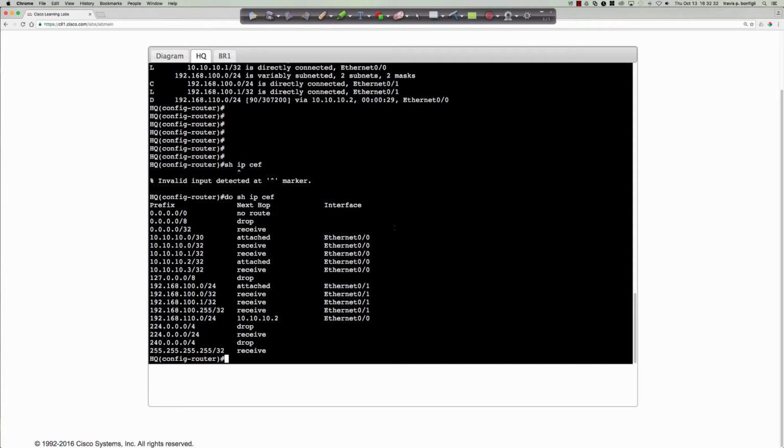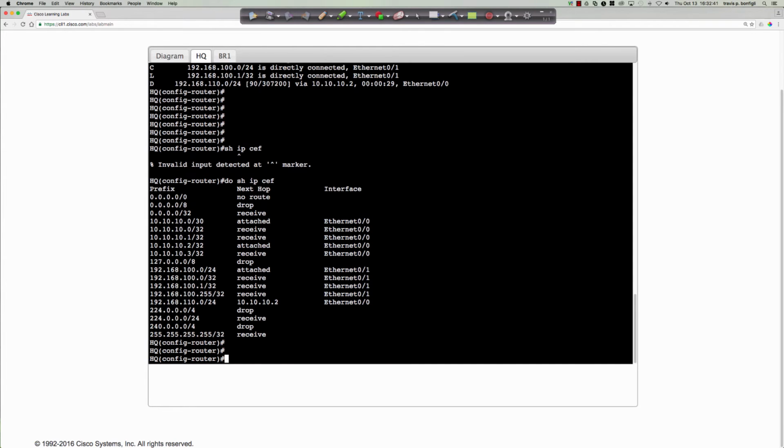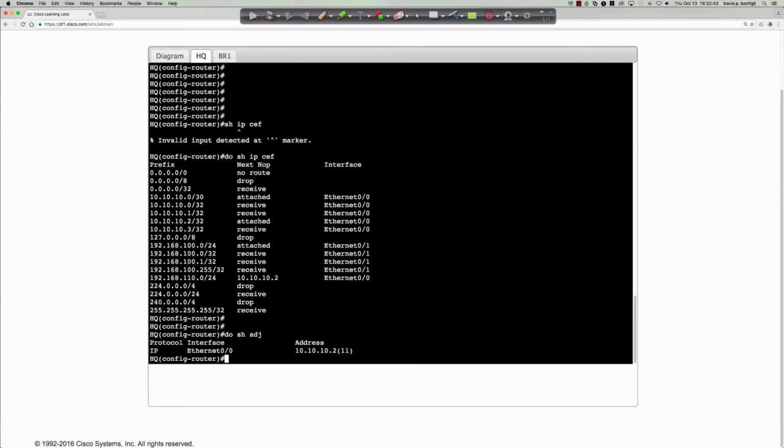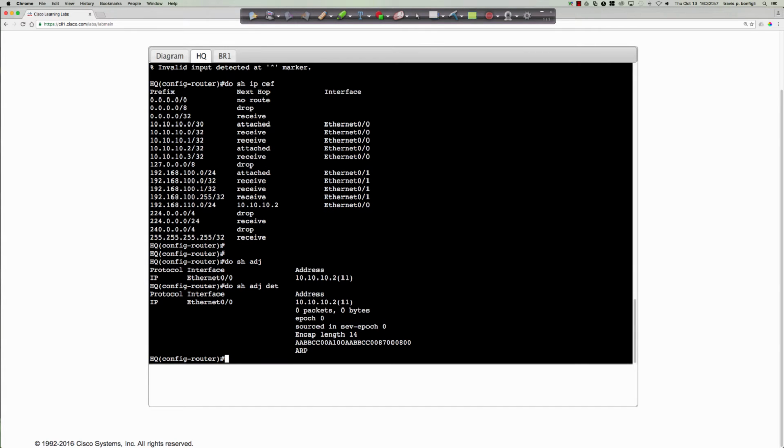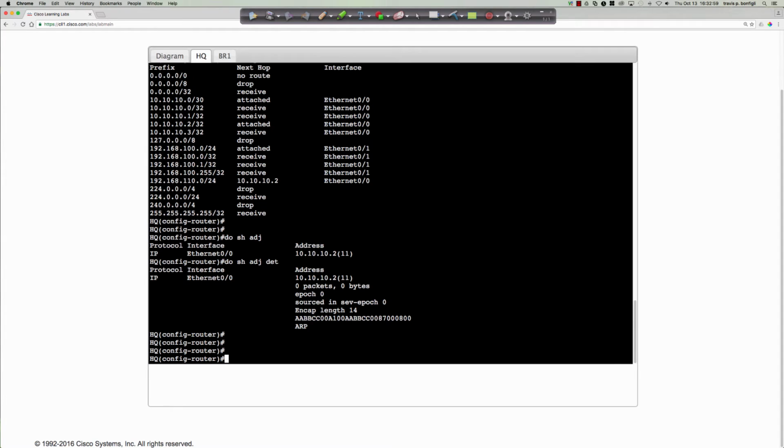You're going to come to the FIB, because he gets his information from the RIB, and he's a data structure that is optimized for forwarding. Now let's see what do show adjacency shows. Take a look, that number has incremented. We still have the same network, but now let's look at the detail. We see that same information with that layer 2 rewrite information still there.